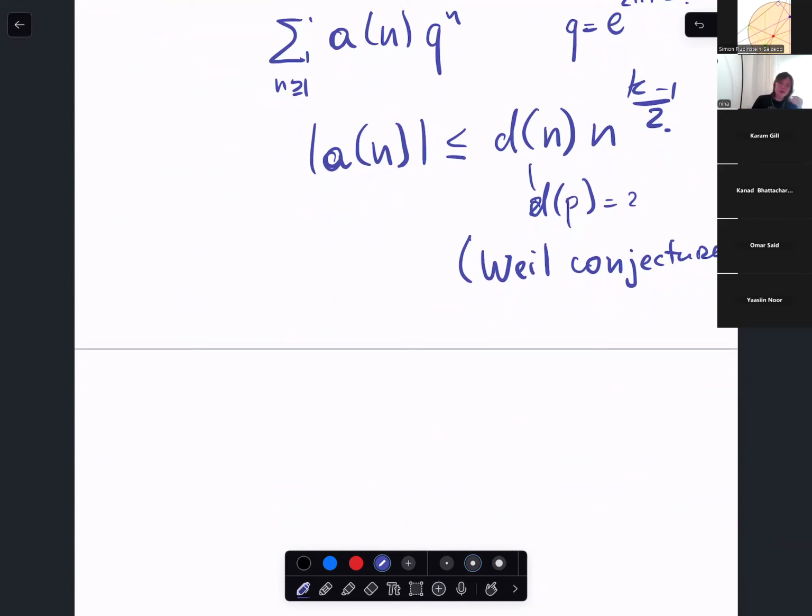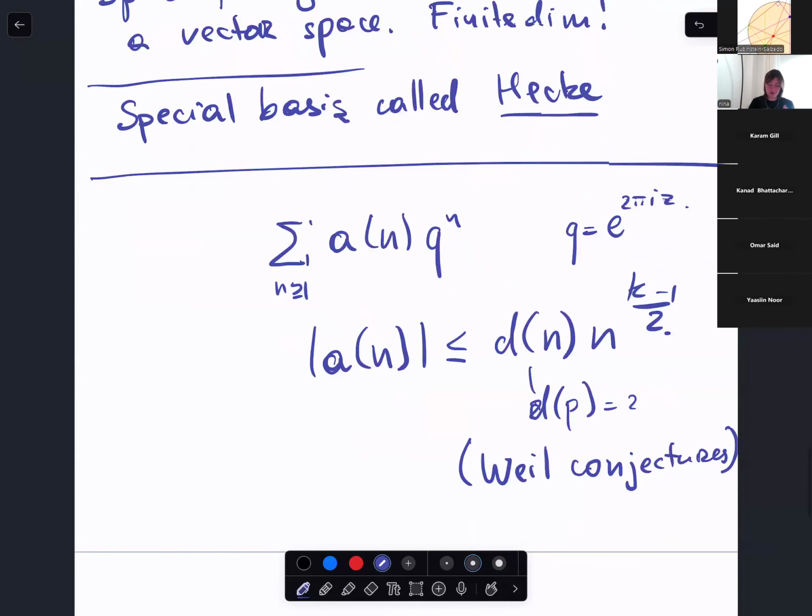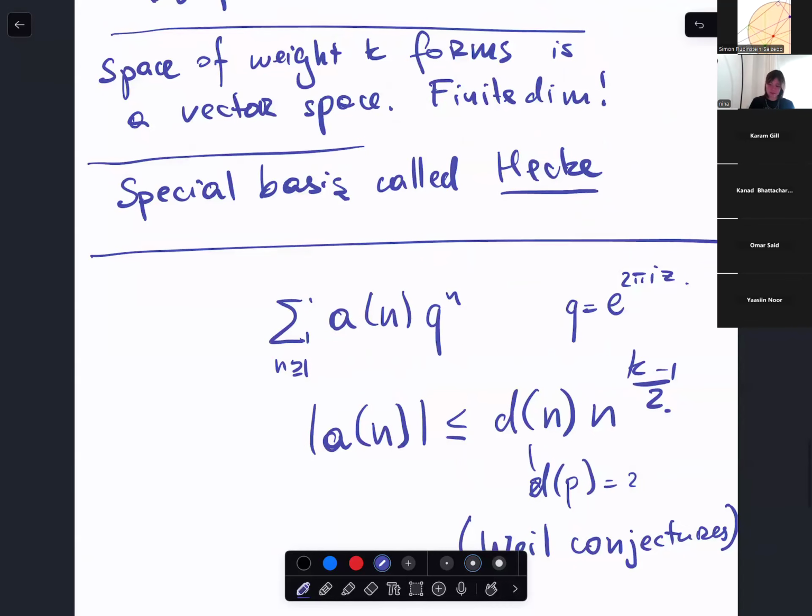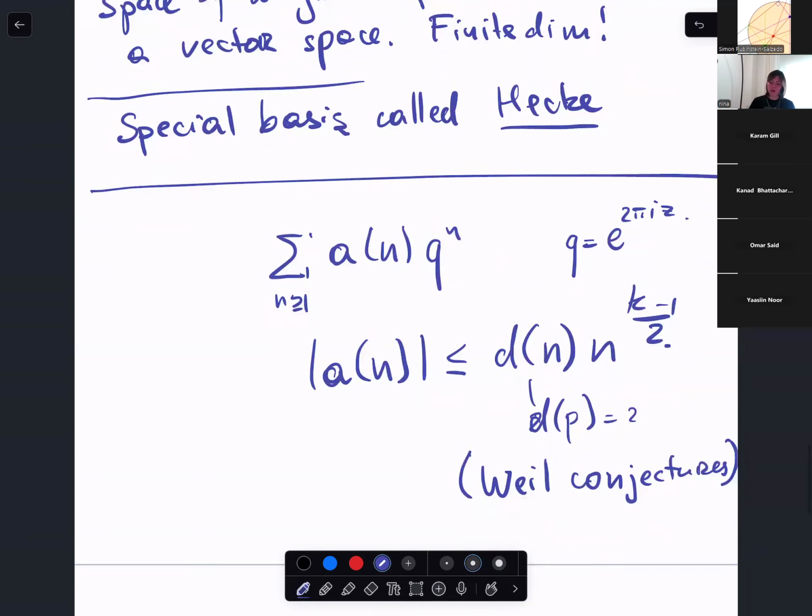And is the basis finite or infinite? No, the basis is finite. The dimension of the vector space is finite, and because of that, it will always be finite dimensional. So you can always just pick whatever the dimension of the space is, many forms. And again, there's a very special choice of basis that satisfies very nice properties.